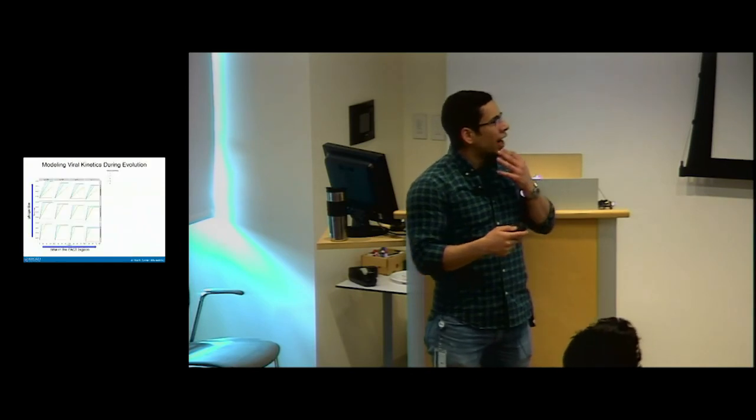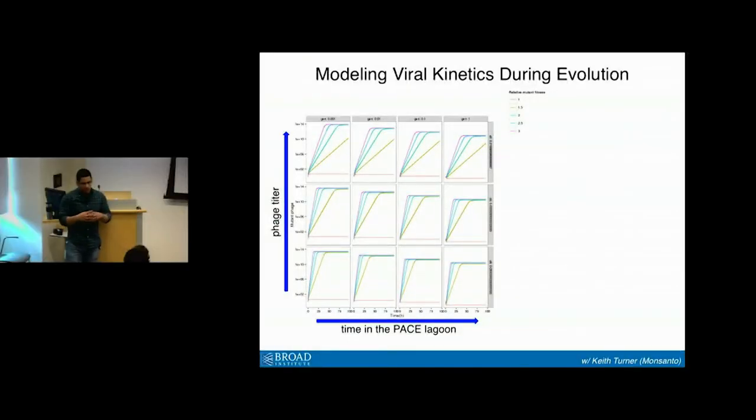Okay, so I think I only have 2 more examples. This one's a little bit higher level. Phage are very interesting. I guess they're not alive, but the interaction that happens between them and the E. coli is relatively well understood.